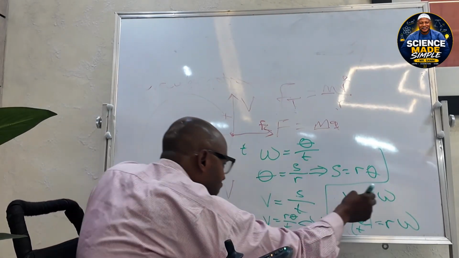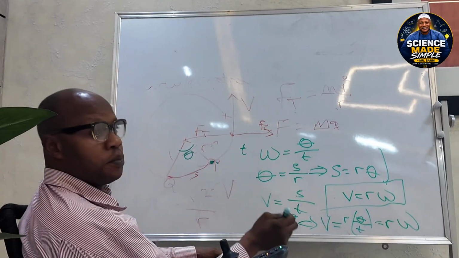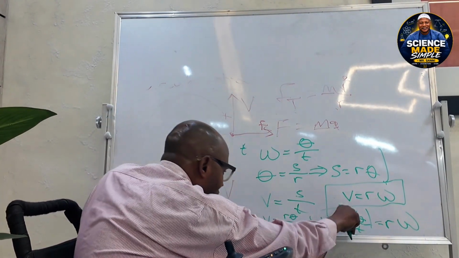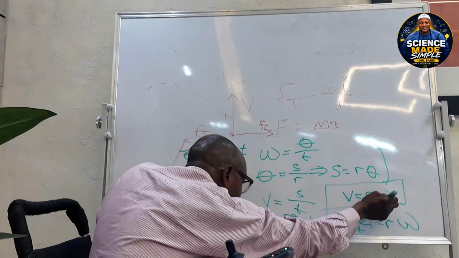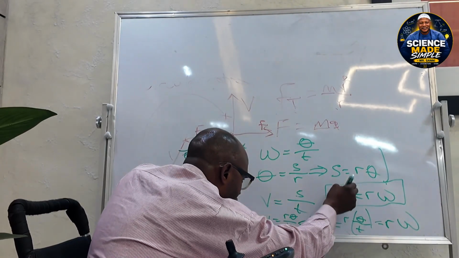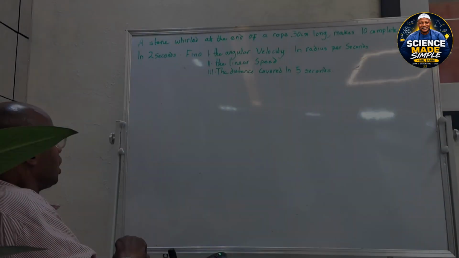So this V equals R omega is the relationship between the linear velocity and angular velocity. This V is linear velocity. This one is angular velocity. The relationship between the two is V is equal to R omega.